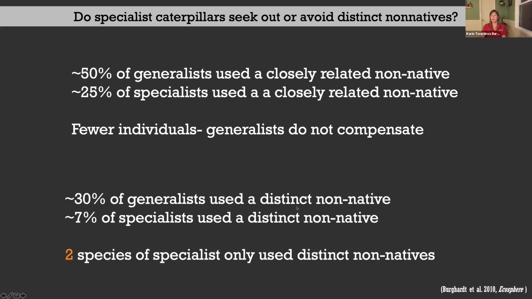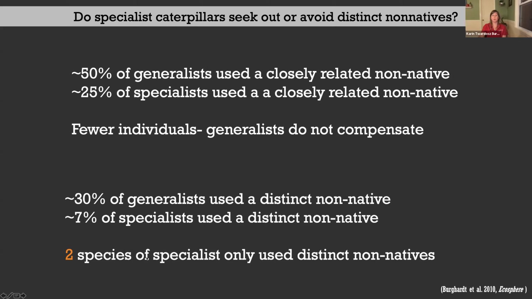On the distinct non-natives, only 30% of generalist species could use these species at all, and only 7% of specialists. So basically, specialists are not typically able to use these distinct non-natives, probably due to the fact that their chemistry is just very different than what our native herbivores are used to.